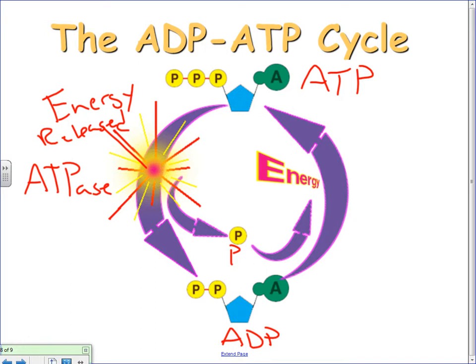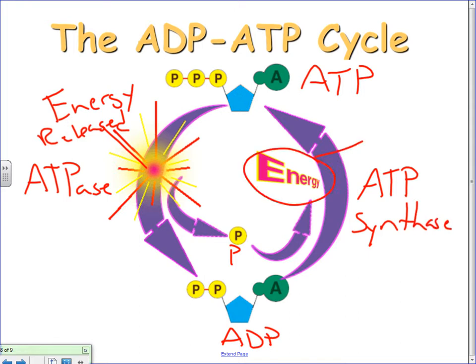We can remake them, and remember the enzyme involved to do that is ATP synthase. ATP synthase requires energy, and we get that energy from the food that we eat, and that reforms ATP.